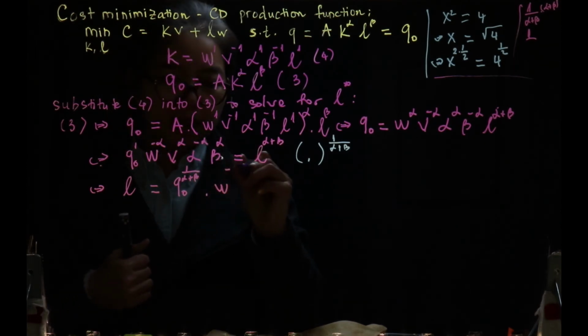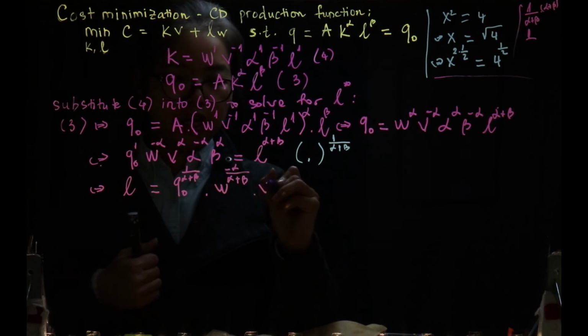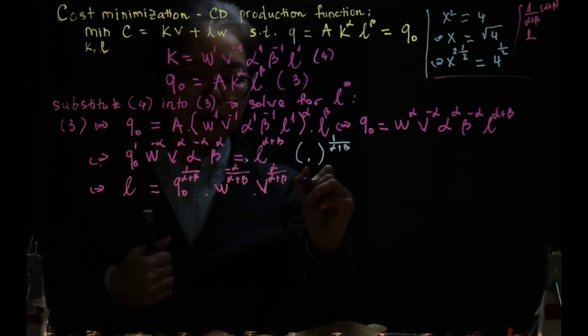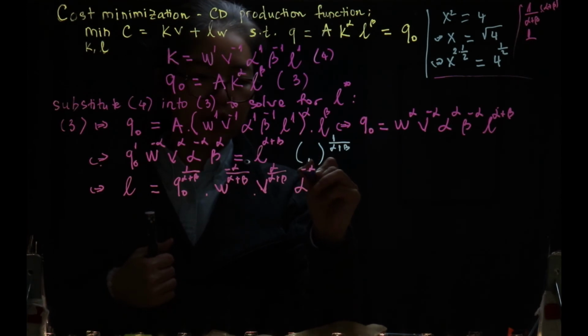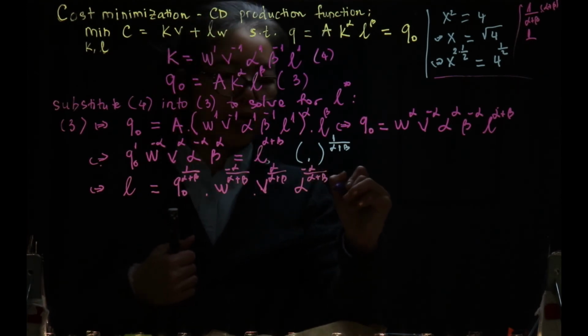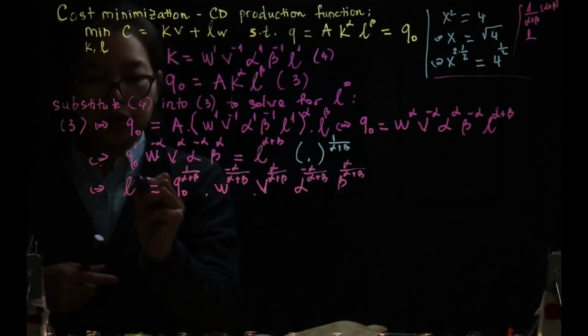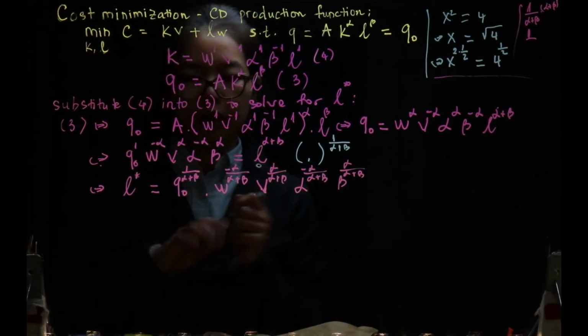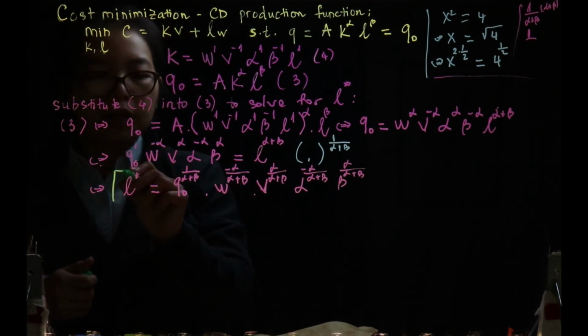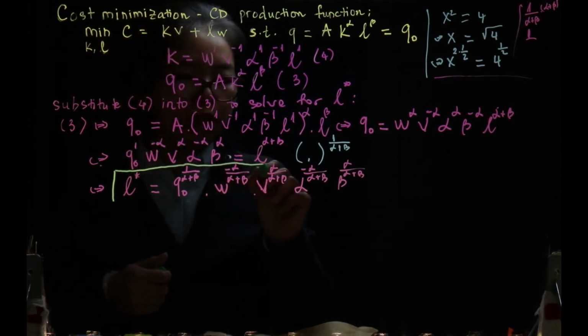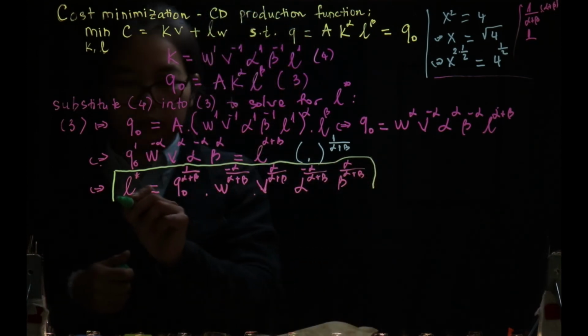W to the power of minus alpha over alpha plus beta. V to the power of alpha over alpha plus beta. Then alpha to the power of minus alpha over alpha plus beta, right? And then beta to the power of alpha over alpha plus beta. And this is the L star already. So this is one contingent input demand function that we have solved.